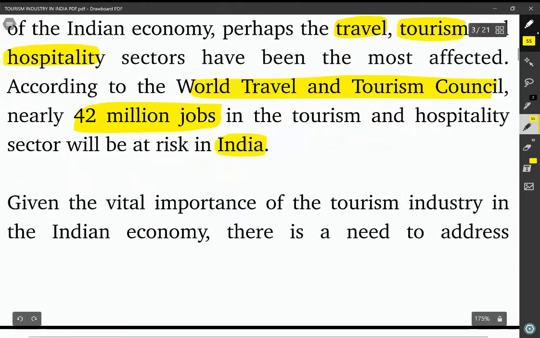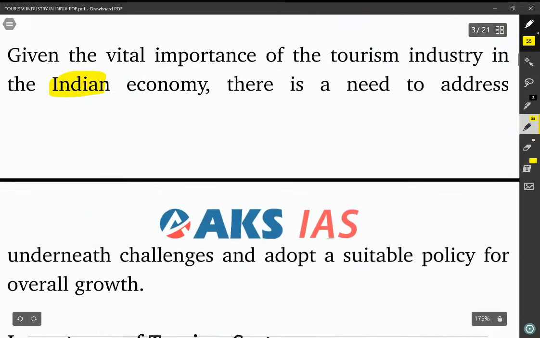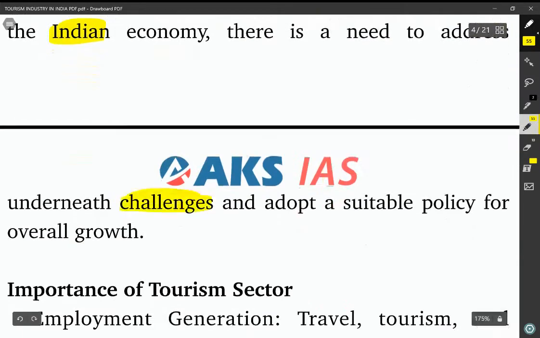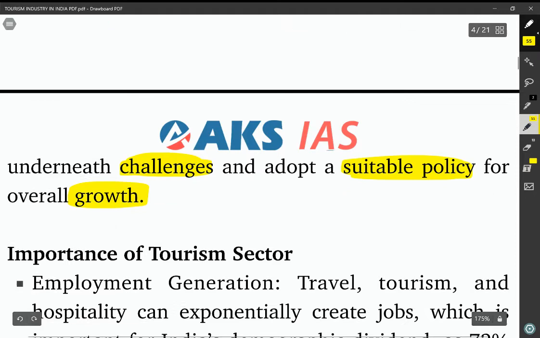However, given the vital importance of the tourism industry in the Indian economy, there is a need to address the underlying challenges and adopt a suitable policy for the overall growth of the economy.